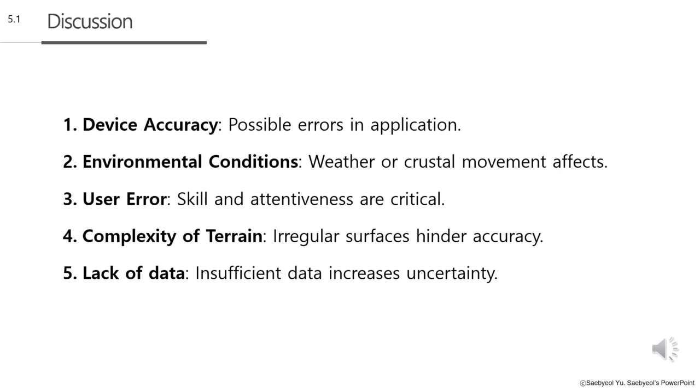The user's skill level and attentiveness during measurements are important. Fourth, complexity of terrain. If the surface of the rock or terrain is complex and irregular, accurate measurement of slope and directions can be challenging. Finally, lack of data. Insufficient experimentation can lead to statistical uncertainty.